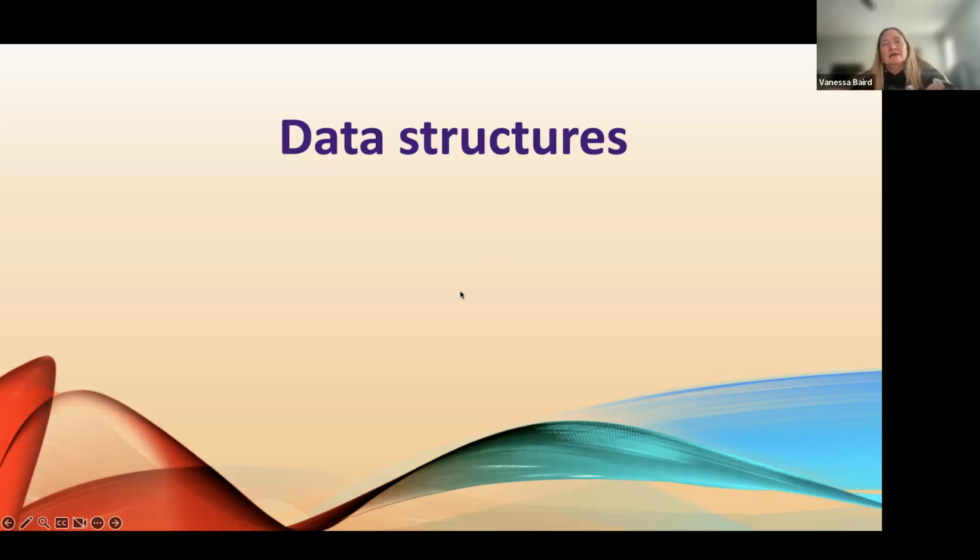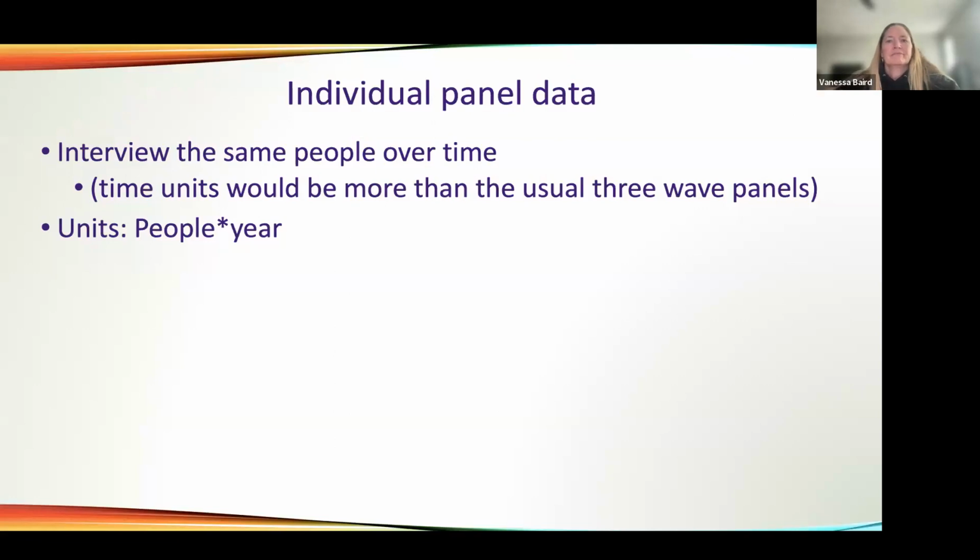So in multi-level models, there's just a bazillion kinds of multi-level models. Okay, so what you can have is individual panel data.